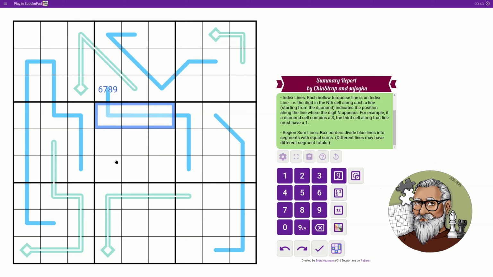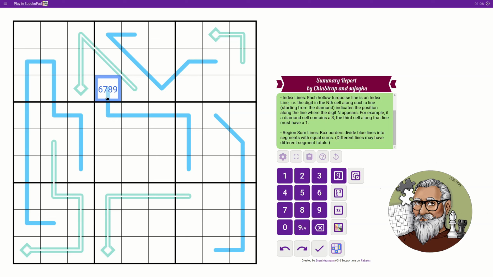Which means that 1, 2, 3 and 1, 2, 4 to make 6 and 7 are not possible, right? So in other words, we need a digit here that has at least two combinations of 3 digits that add up to it.